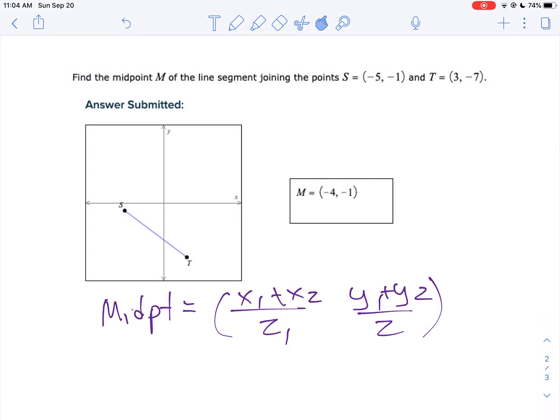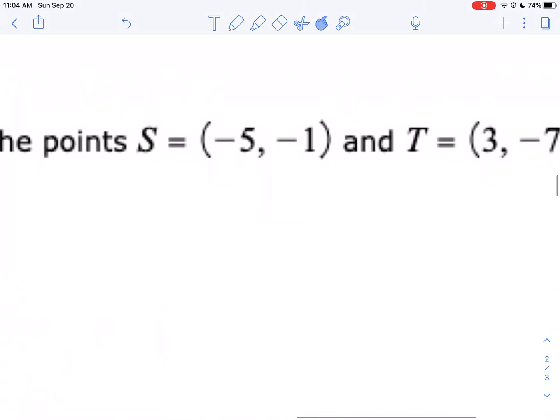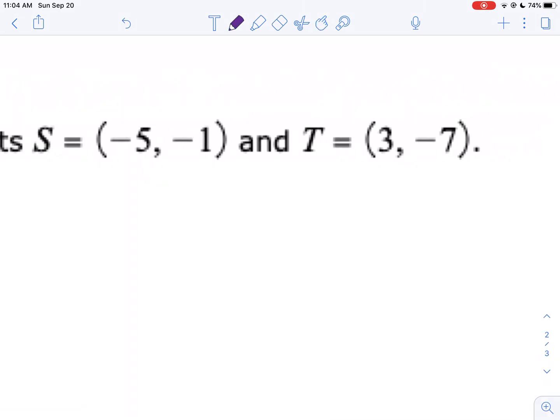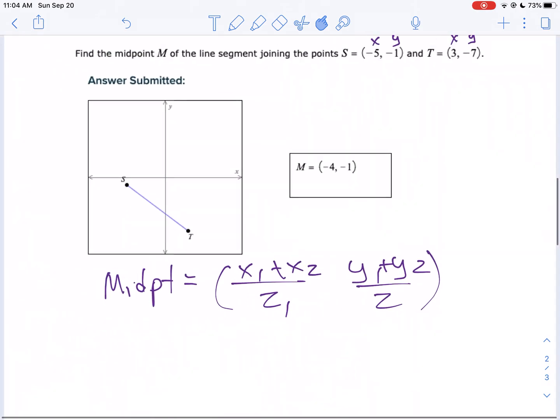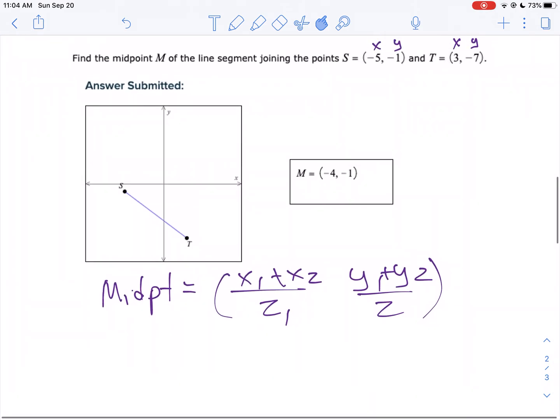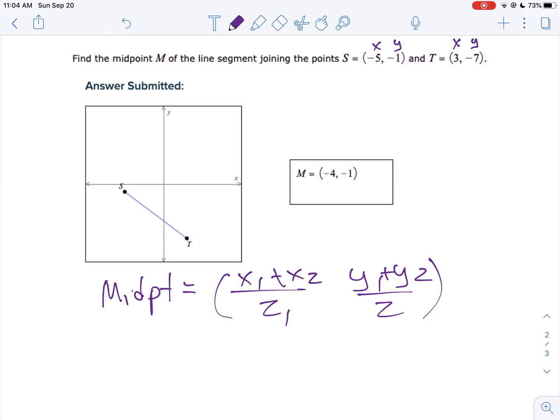So what I suggest you do is you go into your ordered pair, and above each one, write down what it is, x, y, x, y. So now what we're going to do here is we're going to take -5 plus 3 divided by 2 and -1 plus -7 divided by 2.